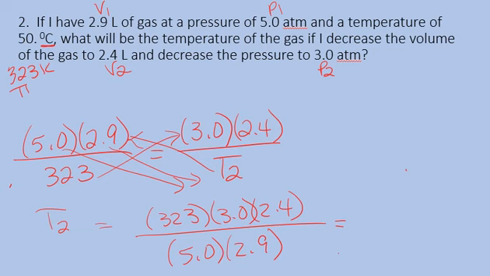I'm going to do it one more time because I got a huge number. 323 times 3 times 2.4 equals, and then divided by 5 equals, divided by 2.9 equals. Okay, that makes more sense.